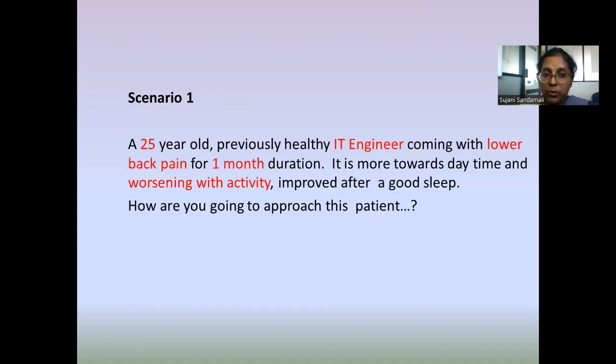So, moving to the first scenario, it's a 25-year-old previously healthy IT engineer coming with lower back pain for 1 month duration. It is more towards daytime and worsening with activity, which is improved after good sleep. And how are you going to approach this patient?